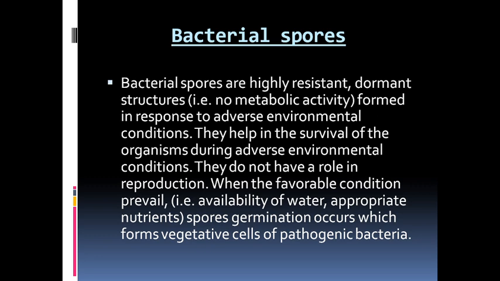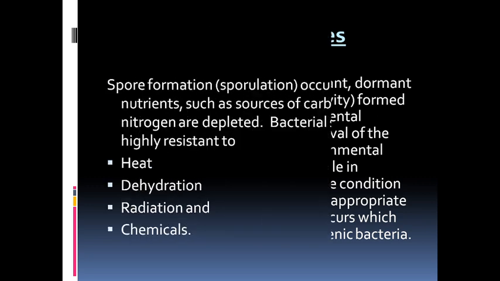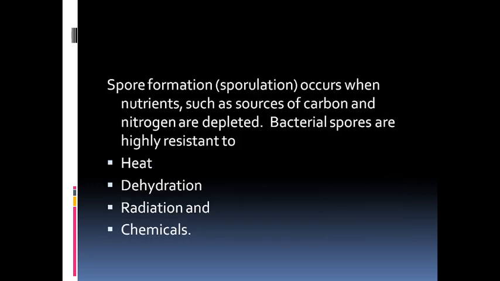Spore germination takes place from the vegetative cell. And this bacterial spore does not have a role in reproduction. The spore formation is called sporulation, which occurs when nutrients such as sources of carbon and nitrogen are depleted.